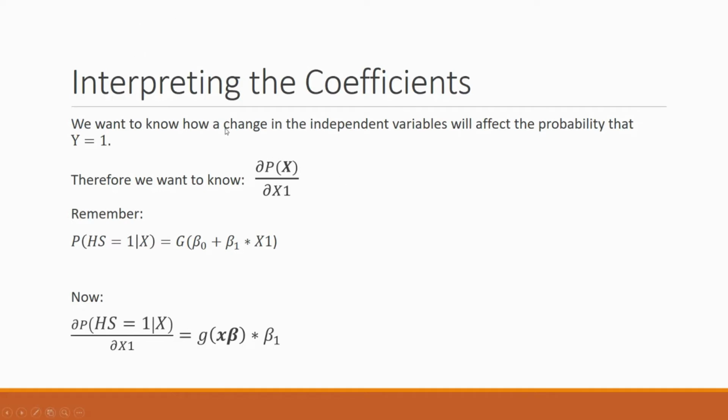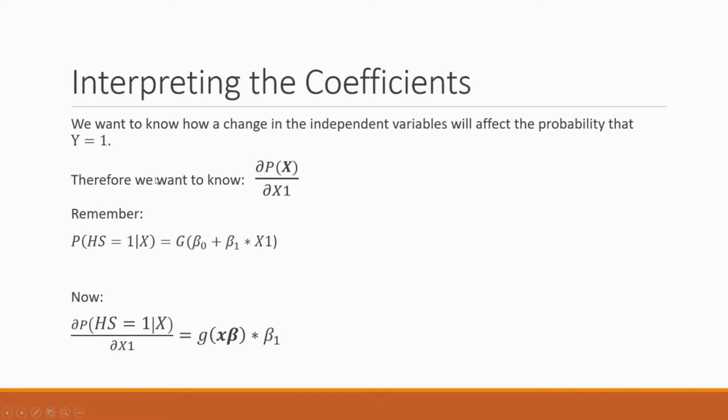Whenever we run a model, we want to know how a change in the independent variable will affect the probability that y equals 1. How will a change in the independent variables affect the probability that the dependent variable equals 1?